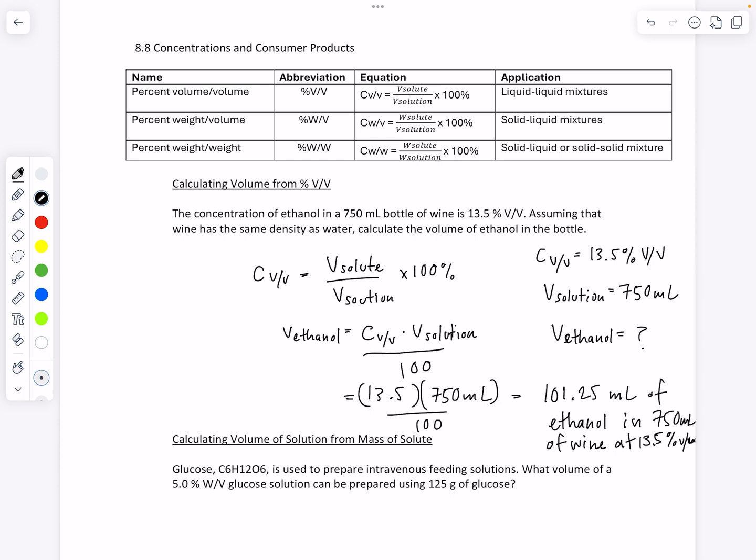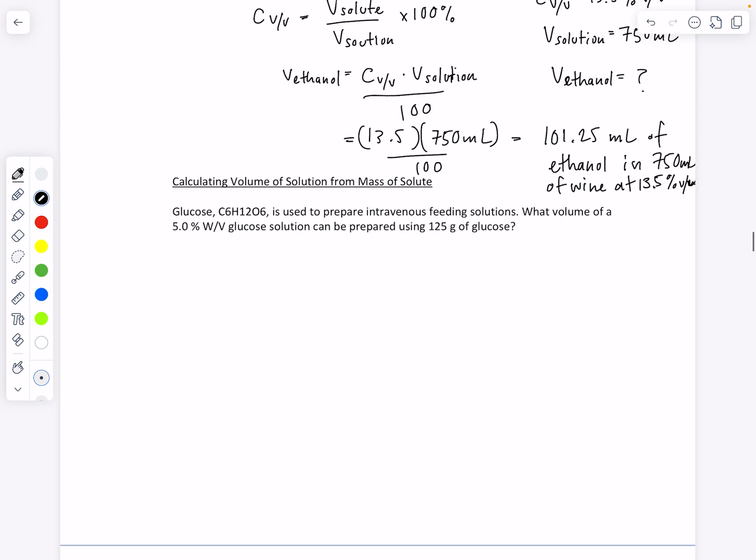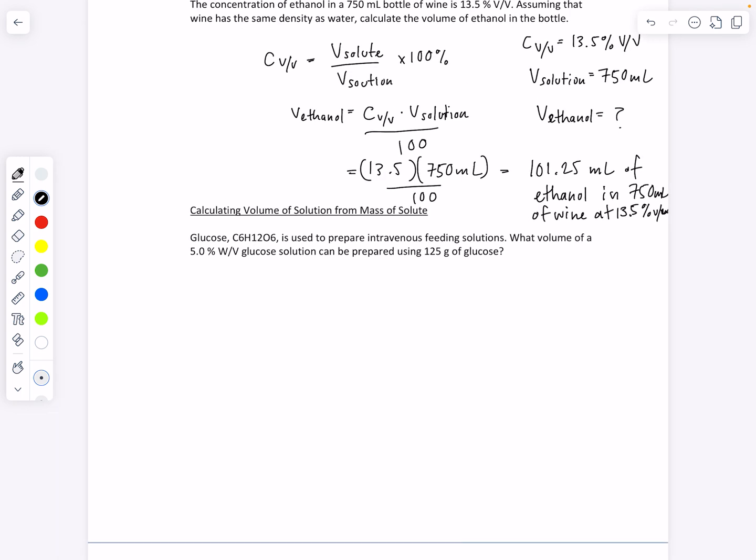Let's try a second example where we calculate the volume of a solution from the mass of a solute. Glucose, C6H12O6, is used to prepare intravenous feeding solutions. What volume of a 5% weight per volume glucose solution can be prepared using 125 grams of glucose?